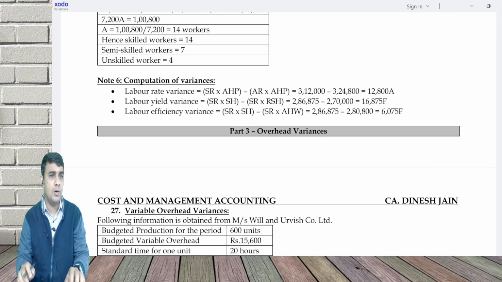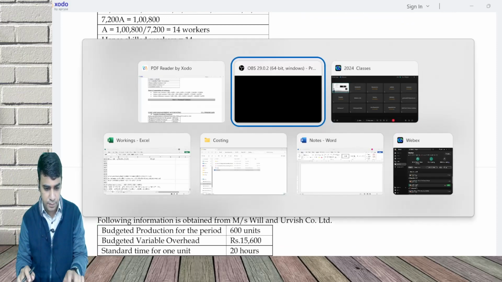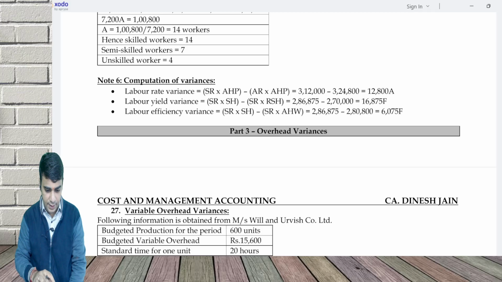Okay, I'll now move to the overhead variances. Go to the theory note. Variable overhead variances.